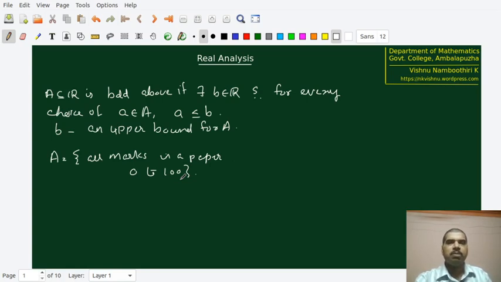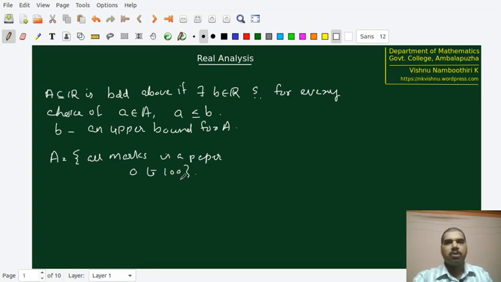Therefore, if you take the number 101, the maximum mark that a student can score is 100, and therefore it cannot definitely exceed 101. Therefore, 101 is an upper bound for A. The same way, 102 is an upper bound, and in fact, 100.5 is an upper bound. Anything above 100 is an upper bound.